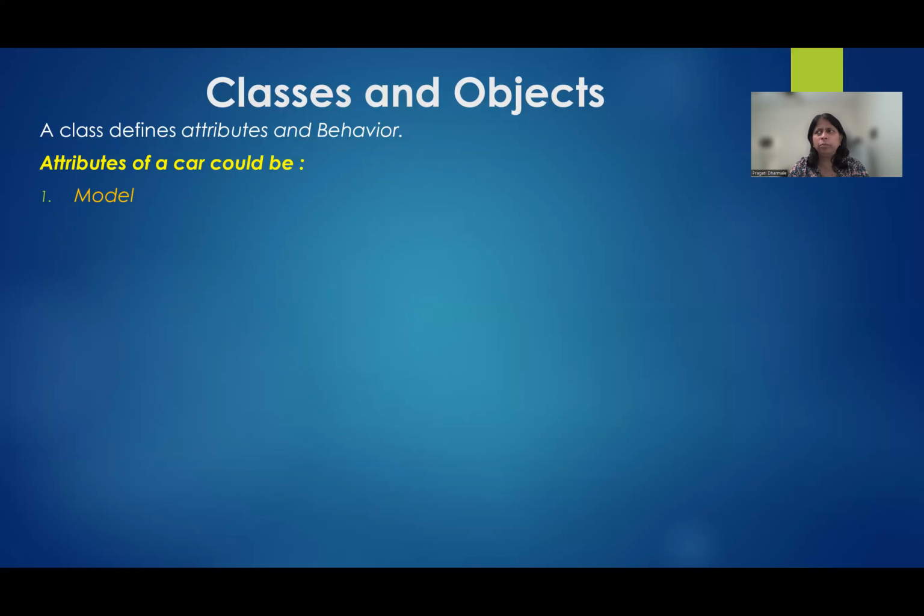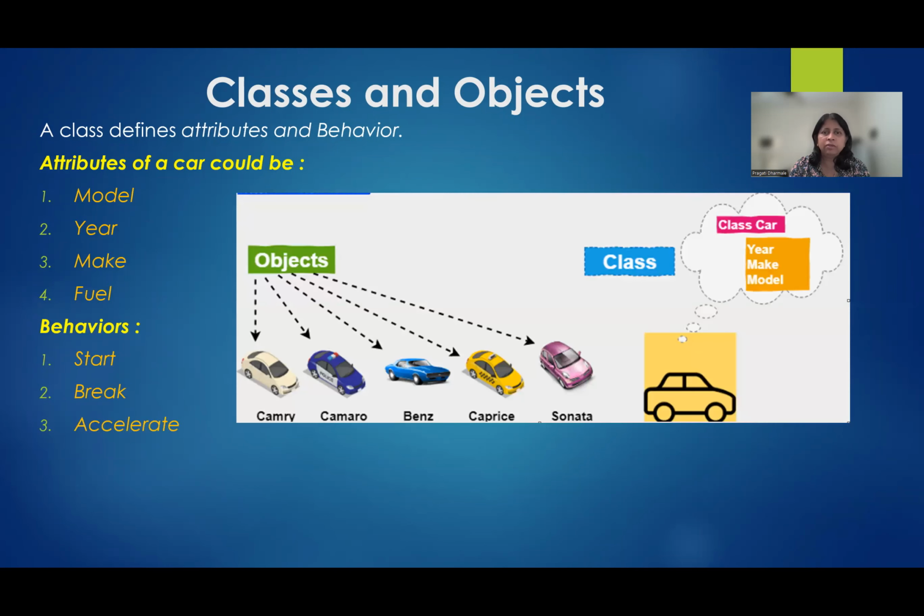So what would be the attributes or properties of a car? A car will have a model name, a car will have a year, it will have a make, right? So these could be attributes of a car. What would be the methods of a car? A car starts. You can stop a car by applying the brake. A car accelerates, right?